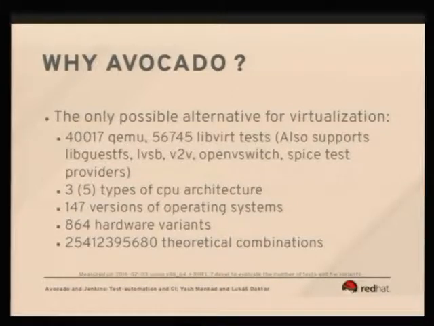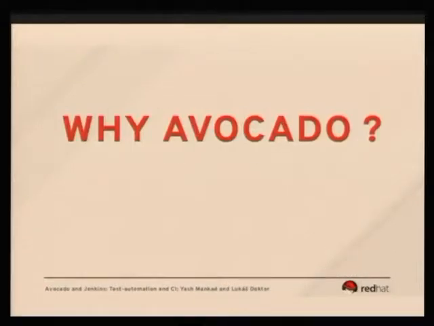It has support for 3 major CPU architectures, lots of versions of operating systems, and almost 900 hardware variants, which gives you a humongous number of theoretical combinations you can run. So that's basically why we use that.